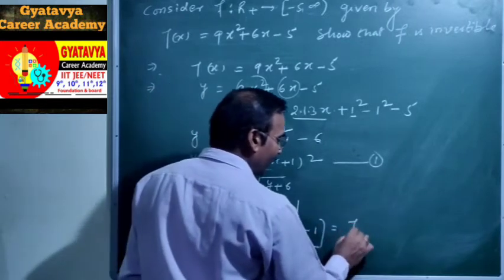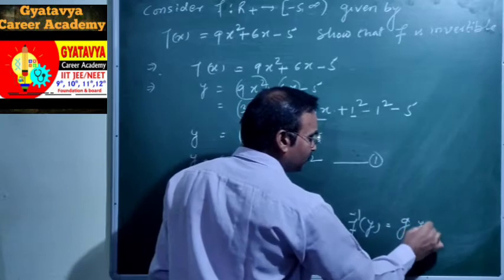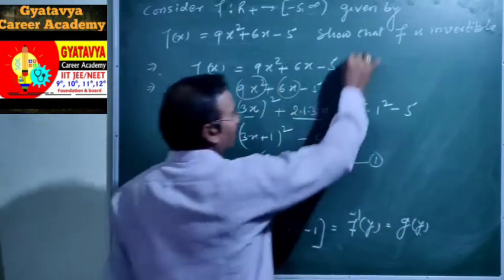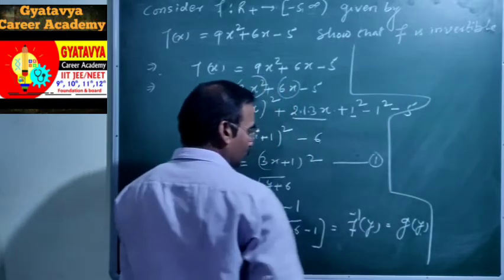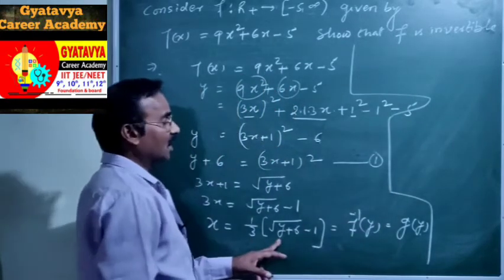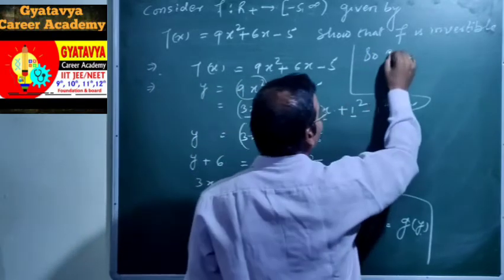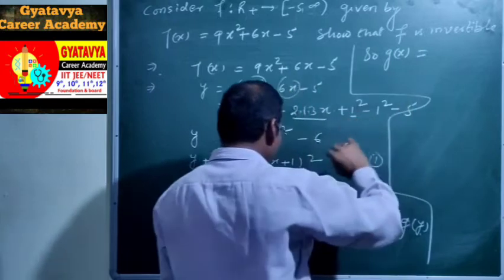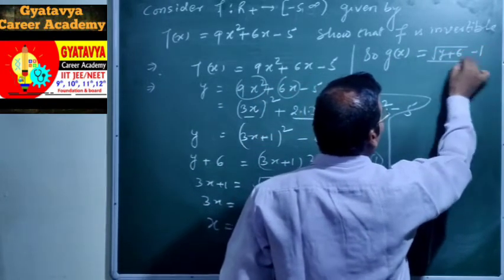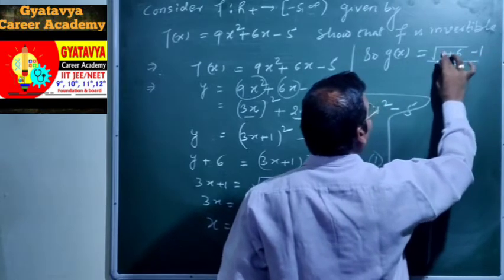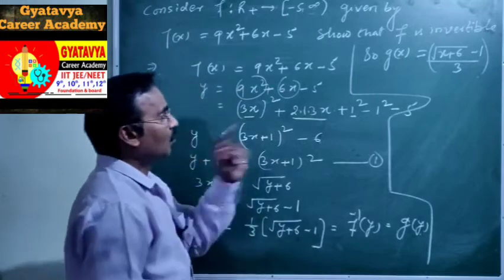This is f inverse of y, this is g(y). So g(x) is (root of x plus 6 minus 1) whole divided by 3.